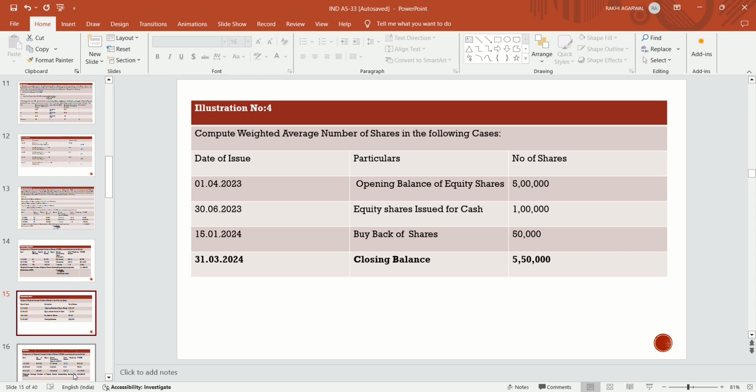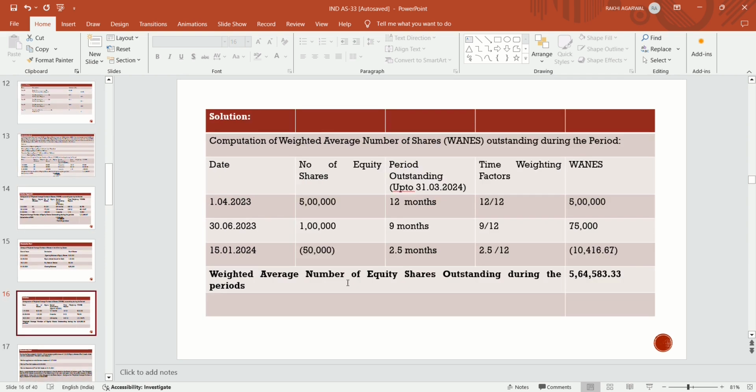On 15 January 2024, the company bought back 50,000 shares. Now, the opening balance plus the fresh issue of 1 lakh is 6 lakhs. The buyback of 50,000 makes it 5 lakh 50,000, which becomes the closing balance as on 31st March 2024. Now, how to calculate the weighted average number of shares?